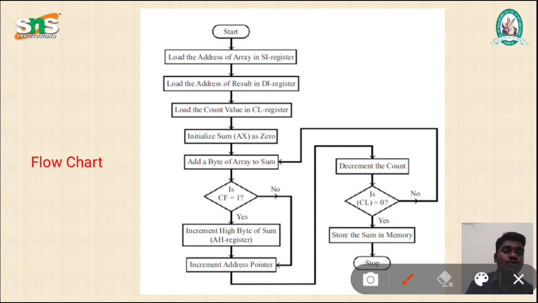This looping runs up to the end of the values. So this is the flowchart for the sum of an array, and these are all the instructions and conditions in this program.